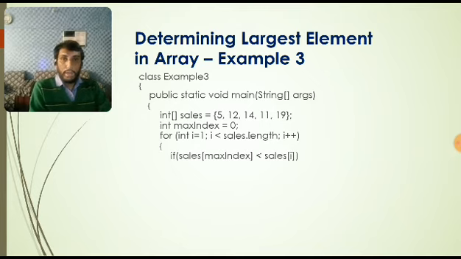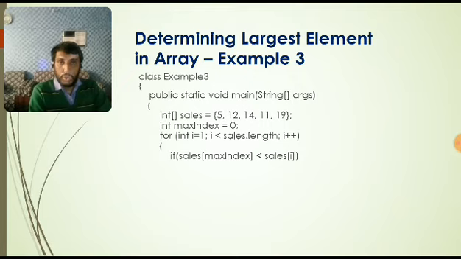Then an if condition comes: if the maximum index is less than cells[i], where i is coming from the loop. So the maximum is 0, and the first cell is 5, so 0 is less than 5.